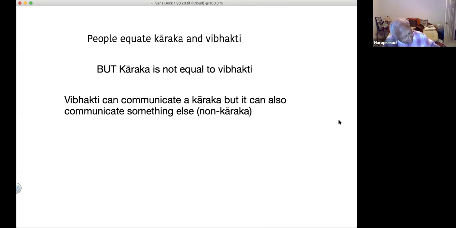One is, if you look at the top of page 68 in my book, it says: by suffixing different nominal suffixes, supratyaya, to a pratipadikam, according to the relationship to the verb and the number, different forms of nouns are formed.